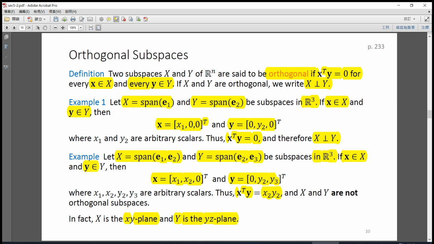And hence, we can always find some x in the xy plane and some y in the yz plane such that x transpose y is not equal to 0, and therefore X and Y are not orthogonal subspaces.